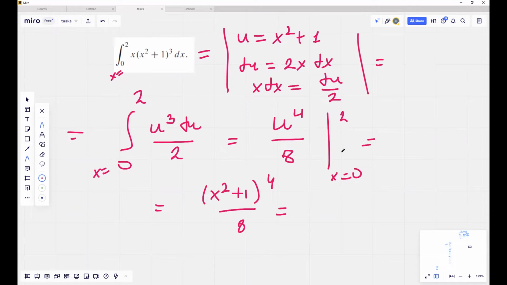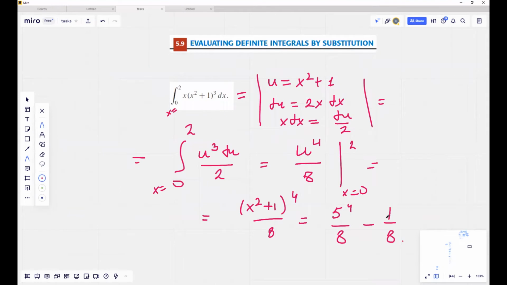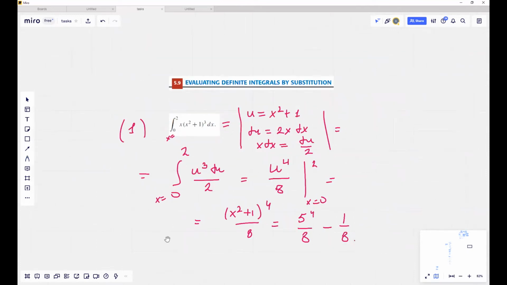Now, if we substitute 2, we'll get 5 to the power of 4 over 8, minus, if we substitute 0, we'll get 1 over 8. Okay, so our answer is as follows. So this is first method.